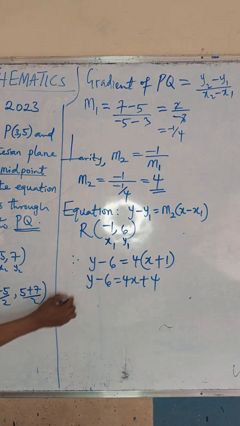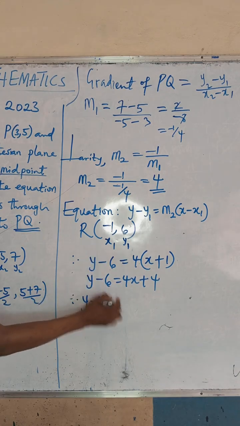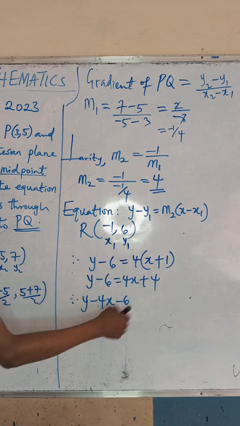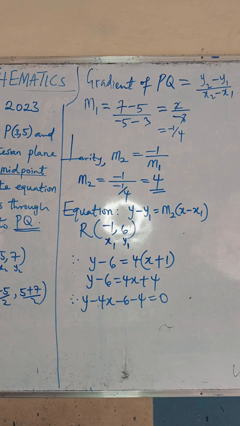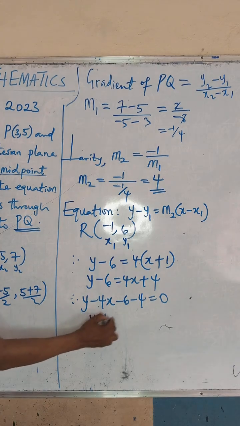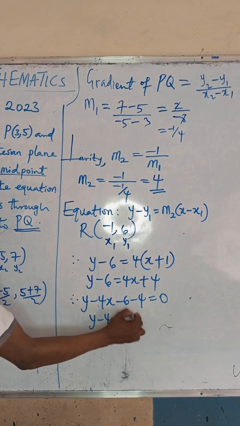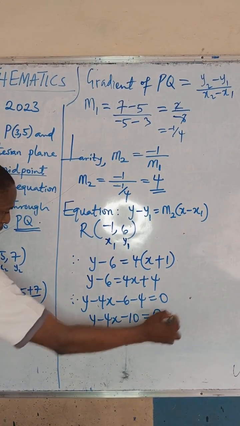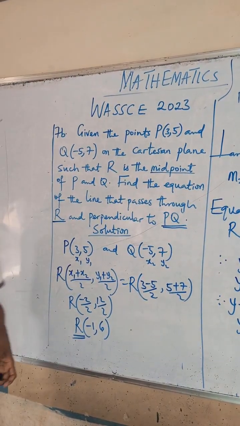Let's bring everything to this side: y minus 4x minus 6 minus 4, which becomes minus 10, equals 0. And that gives us the equation of the line that passes through R and is perpendicular to PQ.